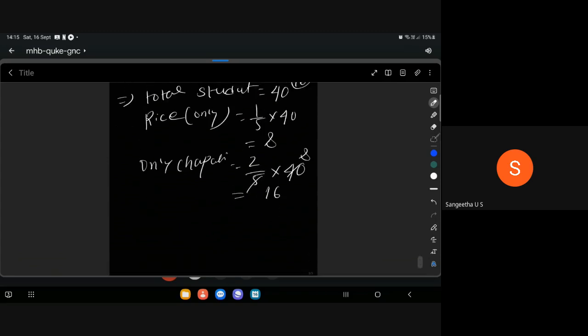Okay. Now they have told that 8 students are eating only rice, 16 are eating only chapati, and the remaining students are eating both. So what is the number of remaining students? 40 minus 8 minus 16.